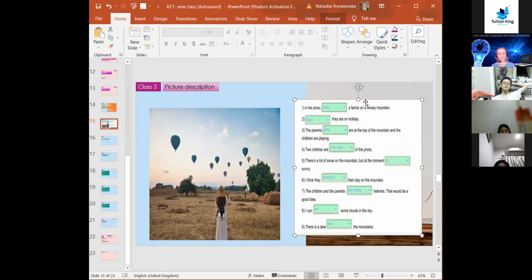I can see some clouds and hot air balloons in the sky. I think she's enjoying her day. Perfect. Anything else? No? Okay, but guys, that's good.